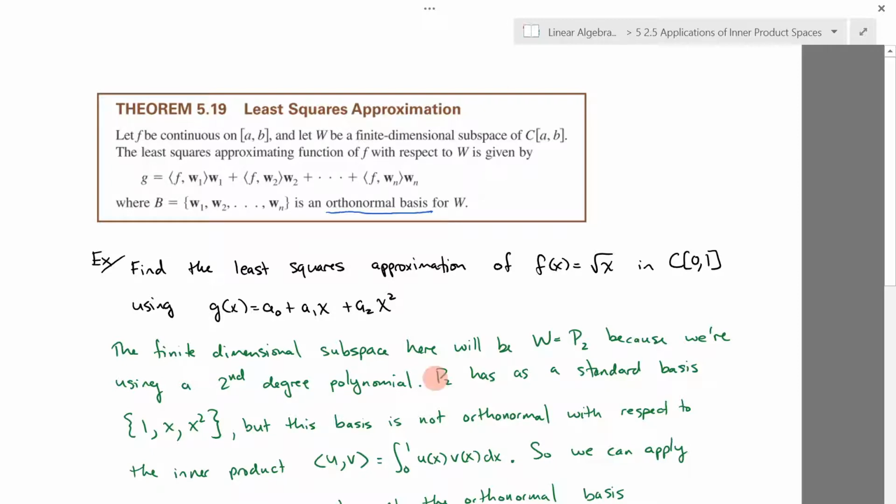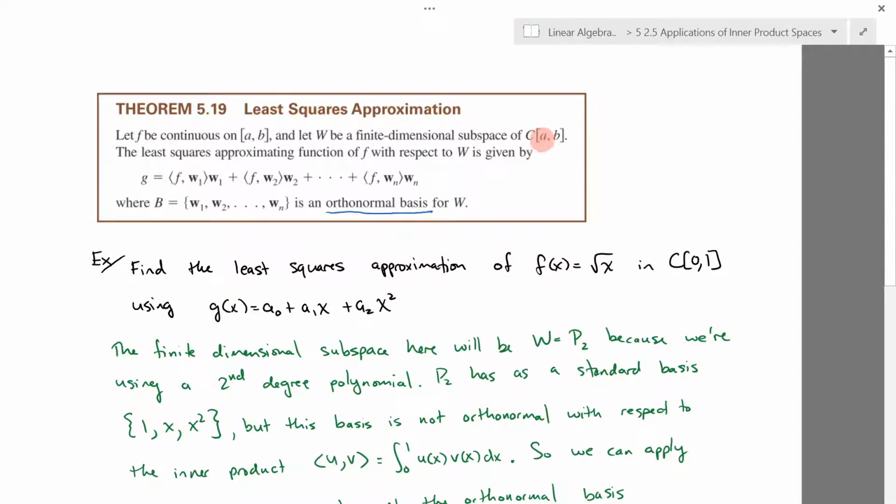And if you remember, P2 has as a standard basis the vectors 1, x, and x squared. However, the standard basis for P2 is not orthonormal with respect to the inner product for function spaces, right?